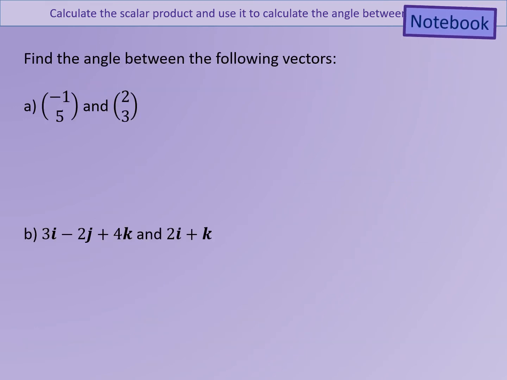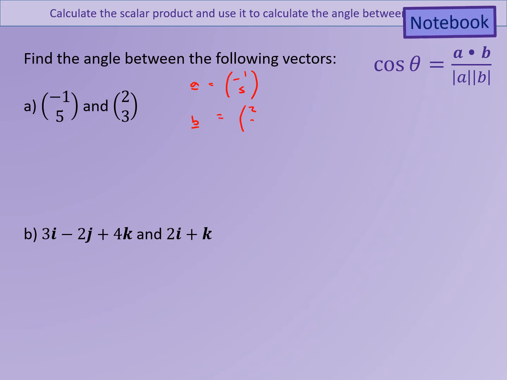We're going to find the angle between each of these pairs of vectors using the formula that cos theta is the scalar product of A and B divided by the magnitude of A times the magnitude of B. So we've got 2 vectors in part A. I'm going to start by defining A as being (-1, 5), and B as being (2, 3).